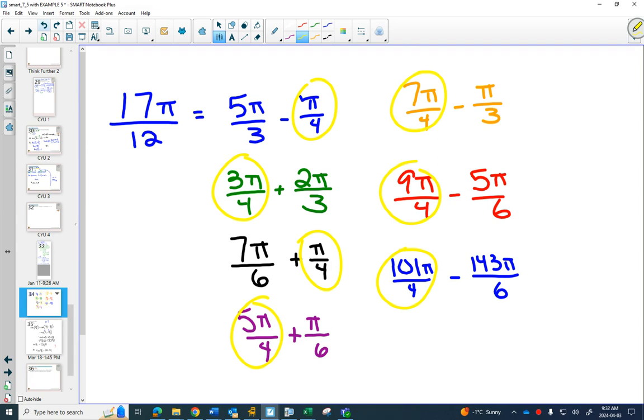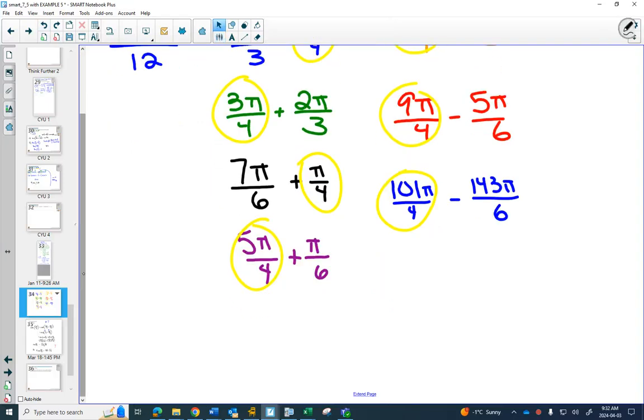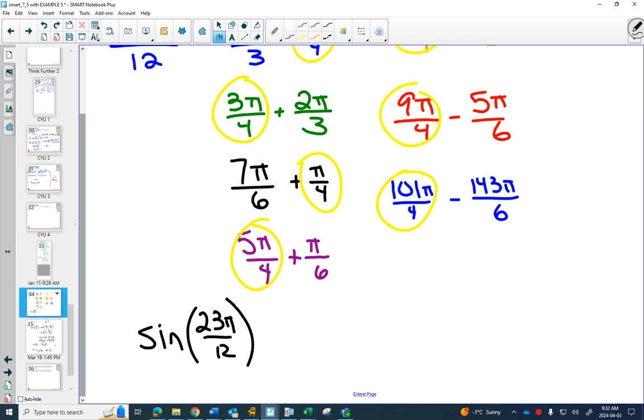So what's going to happen is when figuring out a new one, there was an example, an exam had sine of 23 pi over 12. Noticing this pattern that you always need a pi over 4 tells you to pick any pi over 4, because we need to break this up into 2 that are either adding or subtracting.